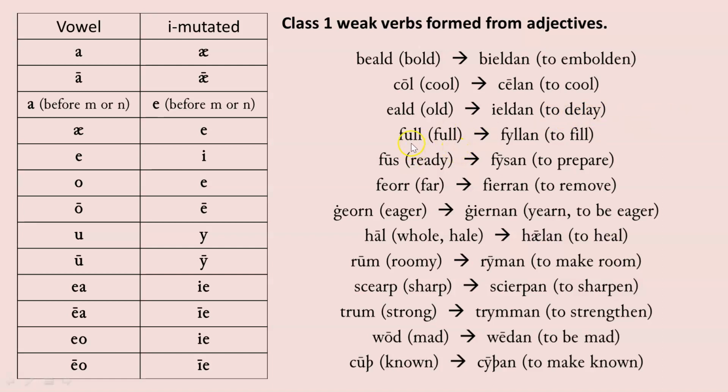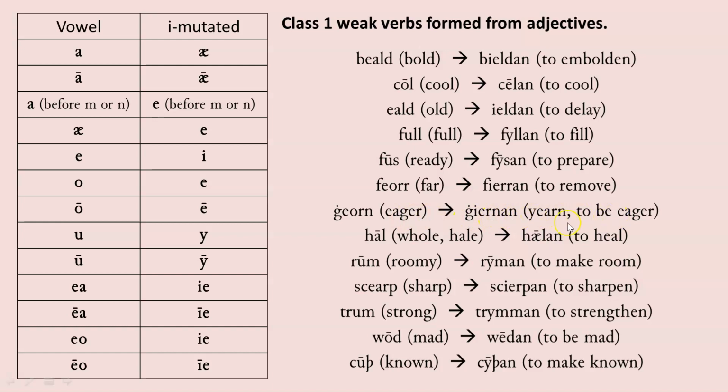Full, notice both L's are pronounced there. Full, as in full. A single L, full, would have been foul, as we saw earlier. Becomes fullan, to fill. Fus, ready. Fusan, to prepare. Fairer, notice the double R pronounced. Fairer, far. Faireran, to remove. Yearn, eager.